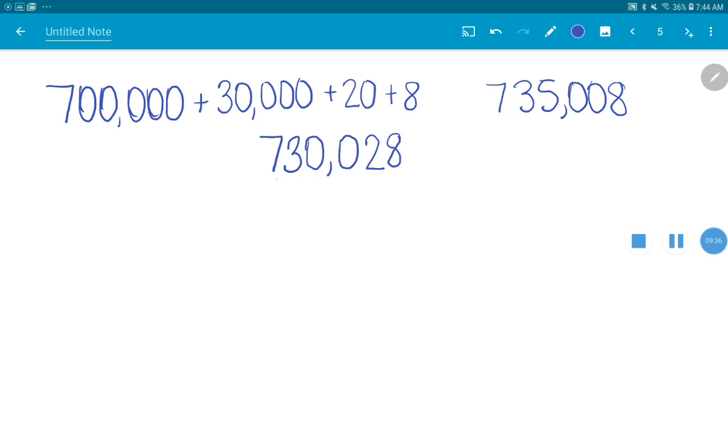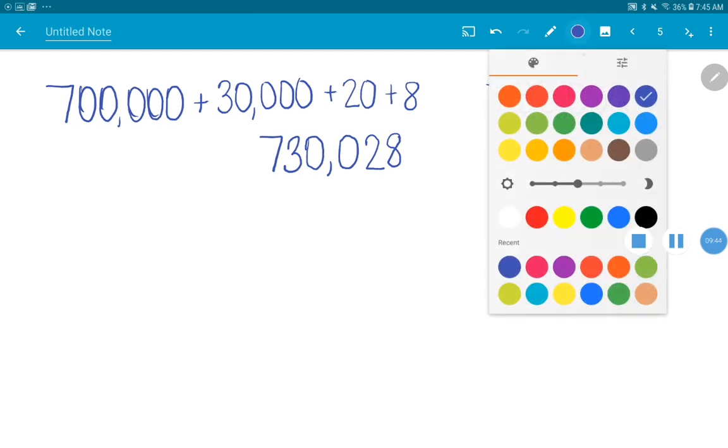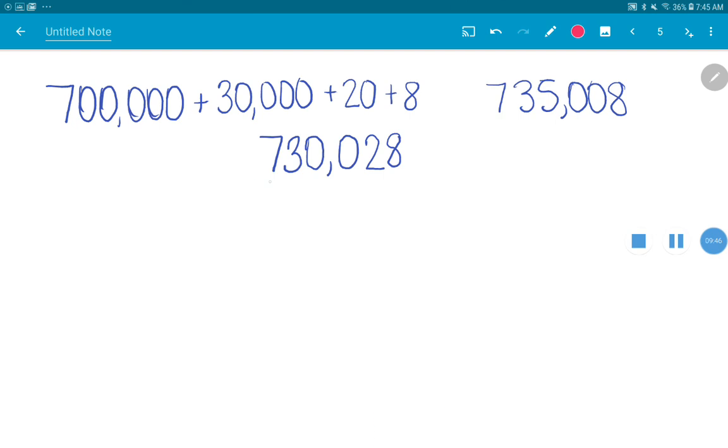So now in standard form I have 730,028 to compare to 735,008. If I take a look at this, I have 700 thousands, 700 thousands. Those are equal. I need to go to the place value to the right to compare.